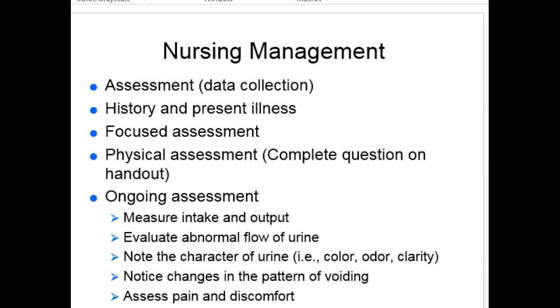Okay, so now we're going to look at the nursing management of a patient with GU issues. So first of all, the nurse would do an assessment and they would look at the history.